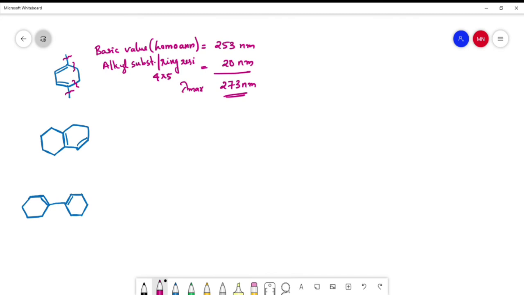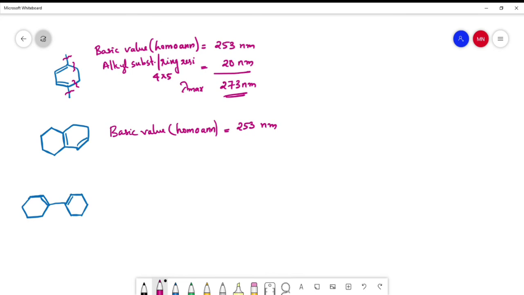Now in the second case, here again the diene component is present in the same ring. So the basic value again will correspond to the homoannular diene component, and it will be equal to 253 nanometer. Now you will be looking into the ring residues. There are no alkyl substituents.